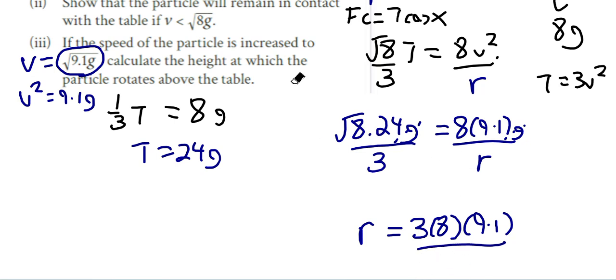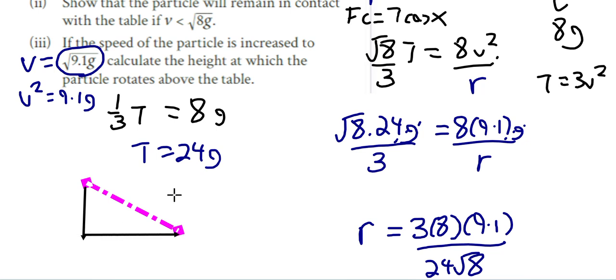Will somebody throw that in the calculator for me? Let me know what you get. 67.88. 67 point? 1.21. I like their answer. Was it 3 point what?